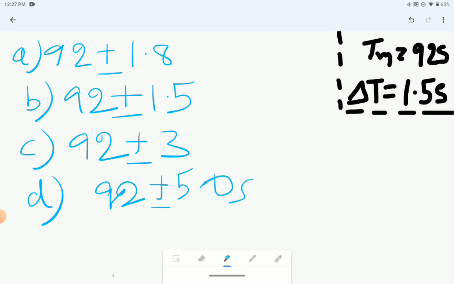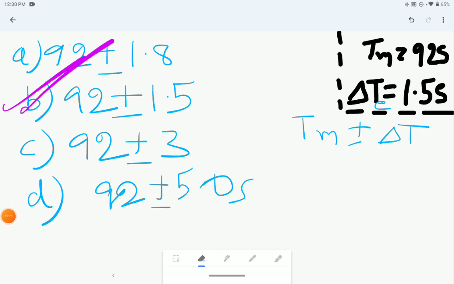I already told you that we are required to find the mean time. Mean time is mean value plus or minus the mean of absolute errors. We are asked to find the mean time, right?